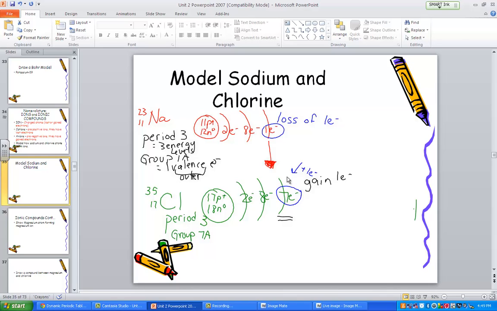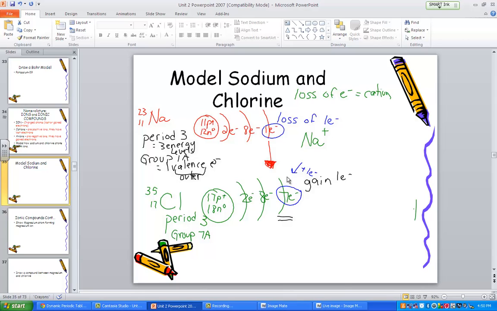If sodium atom loses an electron, it goes to a +1 charge. The sodium now becomes an ion with a +1 charge. I'm going to write that as the Na+1. Now remember, loss of electron creates a cation, a positive ion.